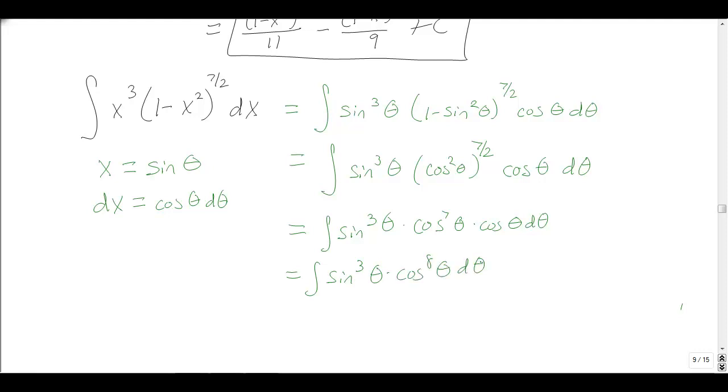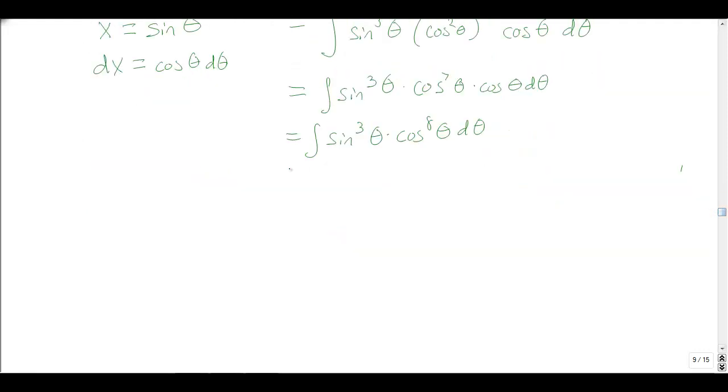All right, so now we got a trig integral. We've got multiplication of two trig functions raised to powers, sines and cosines raised to powers. The sine has an odd exponent, so I'm going to split that up into one sine times an even power of sine. So we've still got more work to do here. I'm going to rewrite this as keep the sine squared theta times cosine to the 8th theta, and then the sine theta is going to go out here.